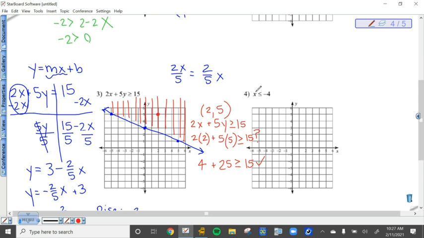Whenever we have something like x equals some number, it's going to be either a vertical or a horizontal line. Which one is it?